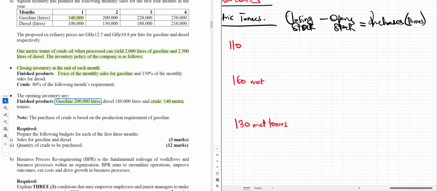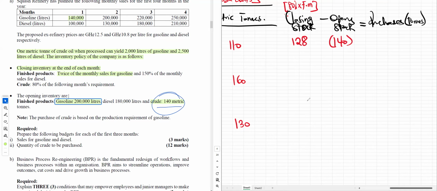Yes, 128. So it is 0.8 by 160, that's 128 metric tons. Then opening stock, they gave it to us as 140 metric tons already in the question. So what are our purchases? 110 plus 128 minus 140, that's 98.